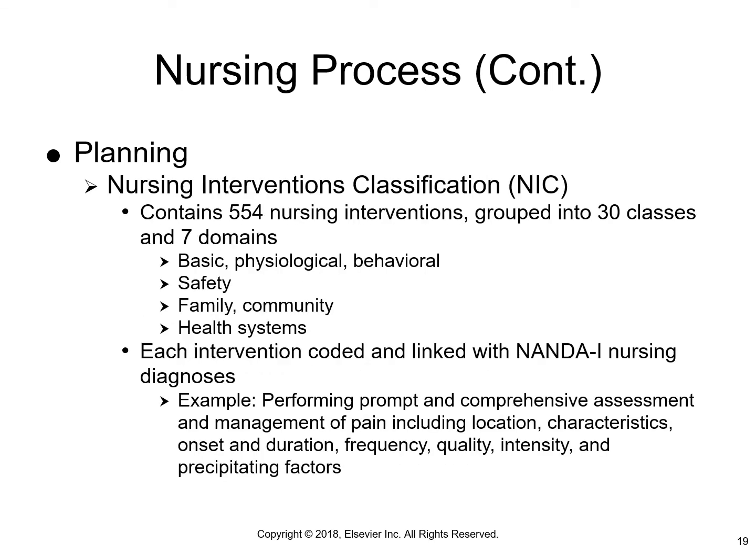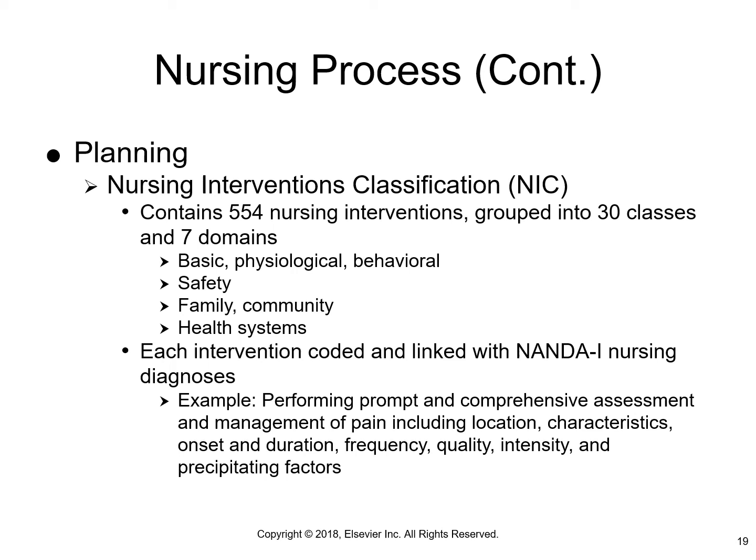And then nursing interventions. Nursing Interventions Classification, otherwise known as NIC, contains 554 nursing interventions grouped into 30 classes and 7 domains. The domains are basic, physiological, behavioral, safety, family, community, and health systems. Each intervention is coded and linked with NANDA, the nursing diagnosis.